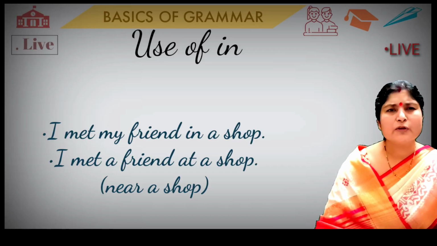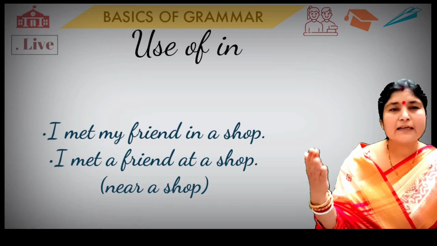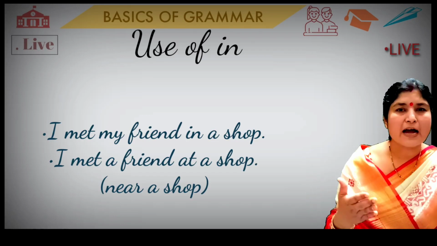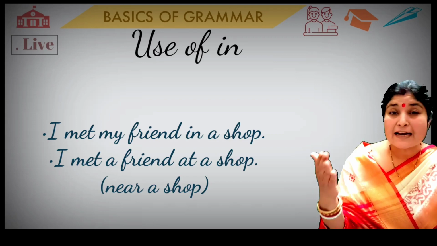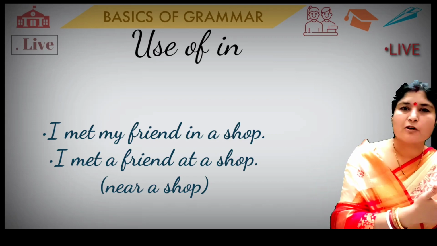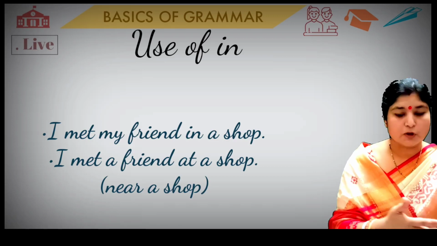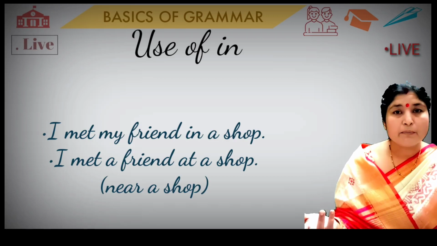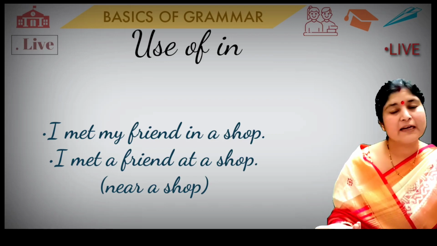For example, you are waiting for your friend near a shop, and you say, okay, come here, I am here at a shop. It means you are not inside the shop. You are outside the shop and very close to it. So you can say, you can meet me at a shop, or I met my friend at a shop.